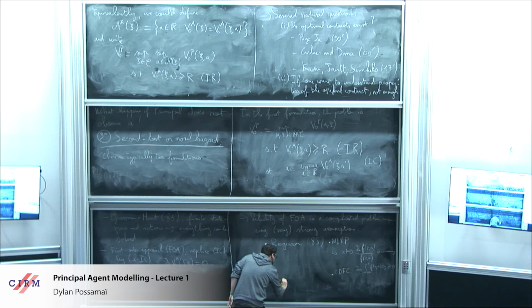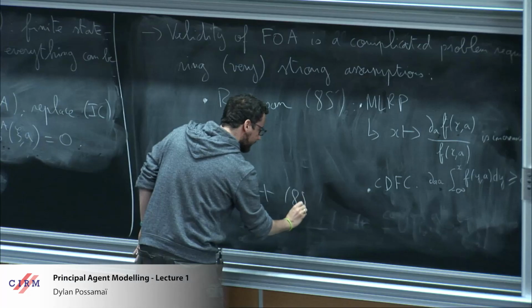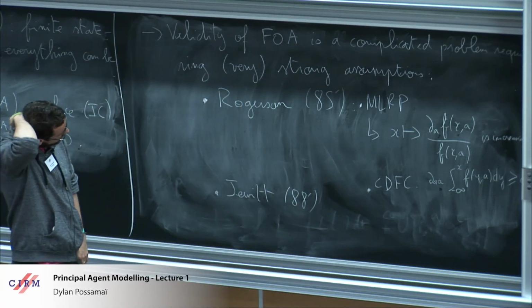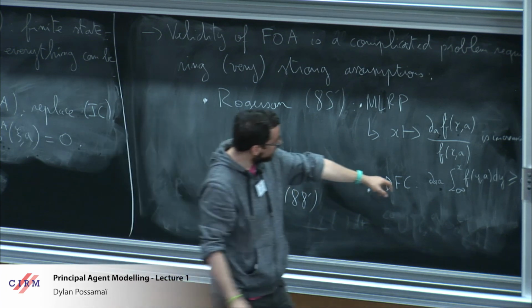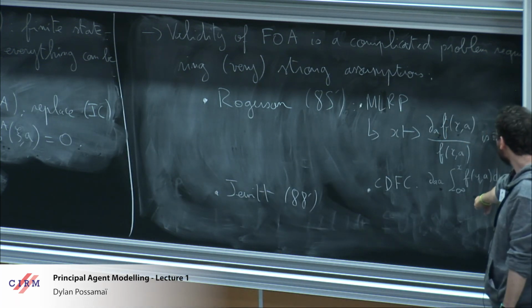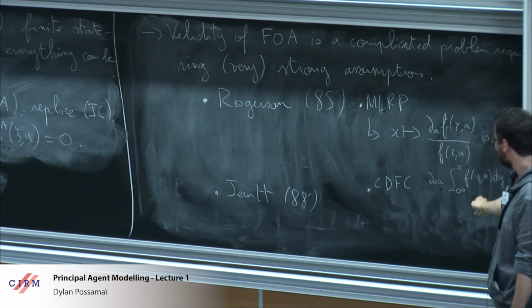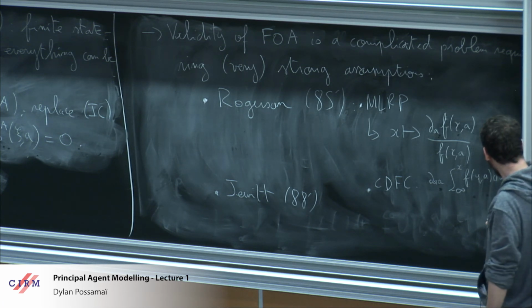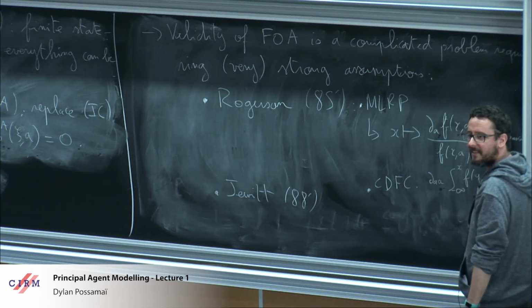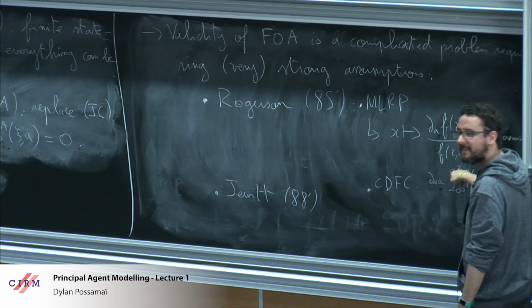As I said, there is also this paper by Jewitt, from '88. So Jewitt is assuming what? He's relaxing that condition, okay? And relaxing that condition means asking that what is convex is not this, but the integral of this with respect to x.